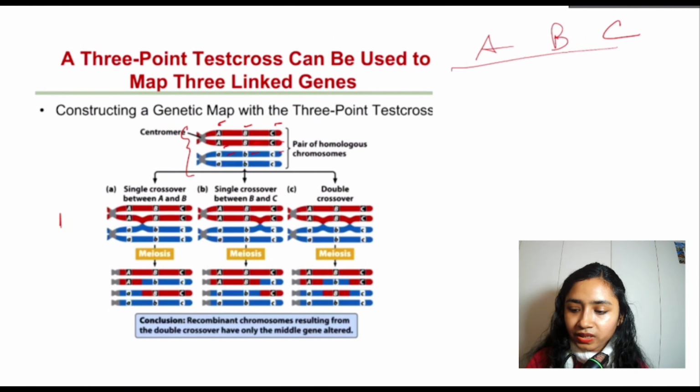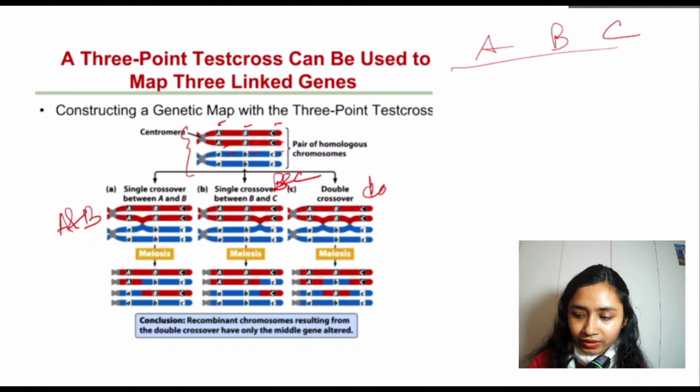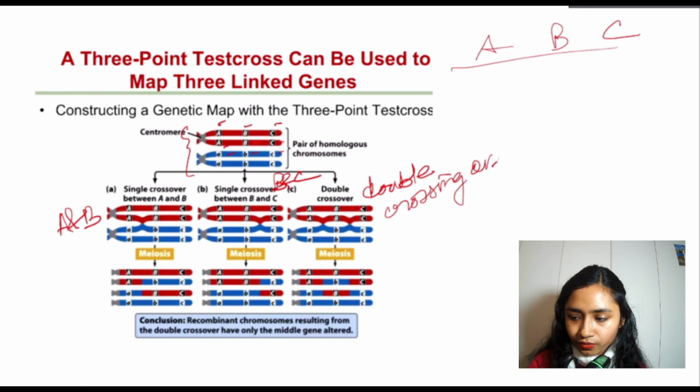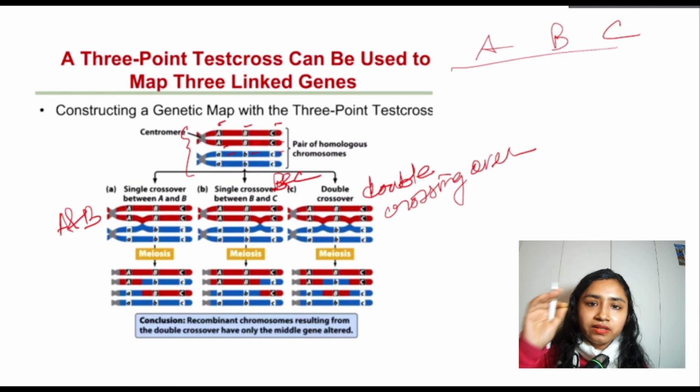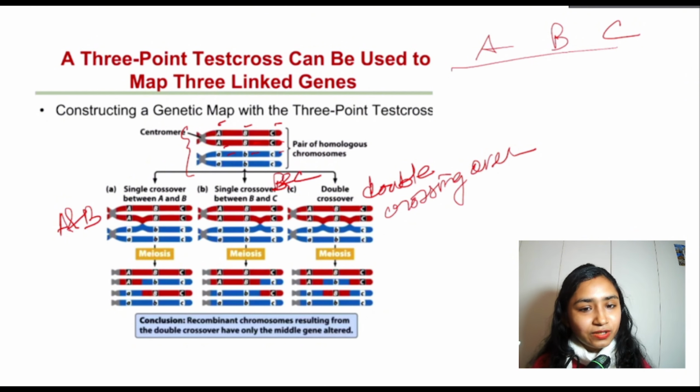One between A and B, one between B and C, and one between A, B and B, C both, which is known as double crossing over. So what is double crossing over? When crossing over occurs between A, B and B, C both. From it we will get different types of offspring.